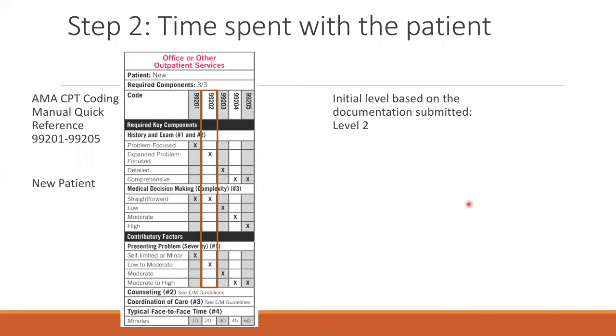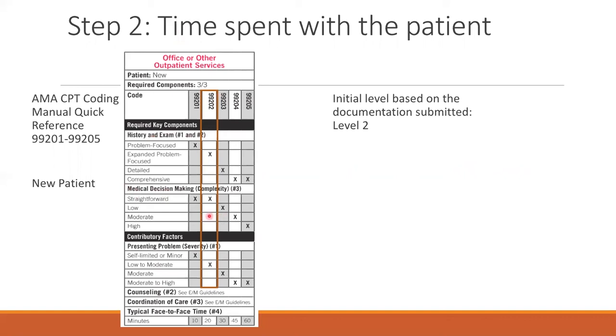So based on our medical decision-making, we had our history, which was comprehensive, but we had an expanded problem-focused physical exam because we didn't exceed 11 bullet points. We only had 6. And from our medical decision-making, we know that we are in a low to moderate.